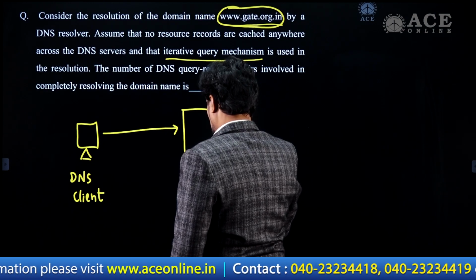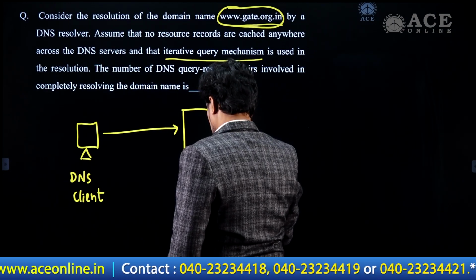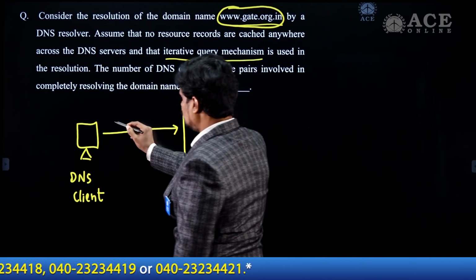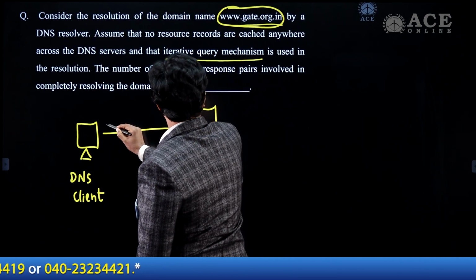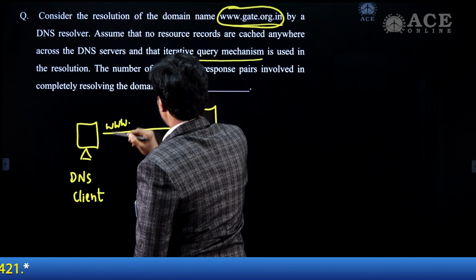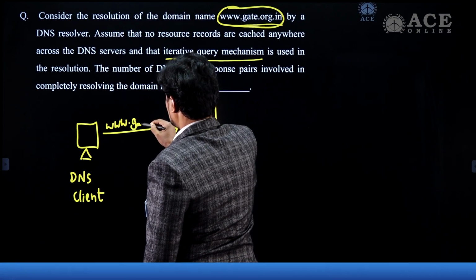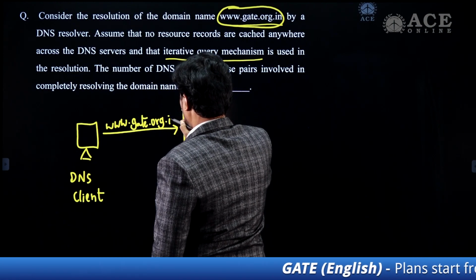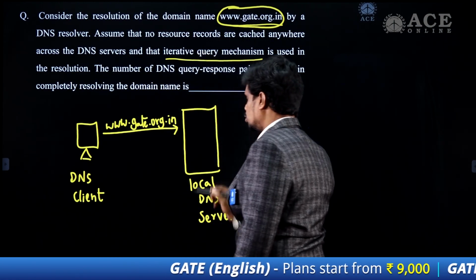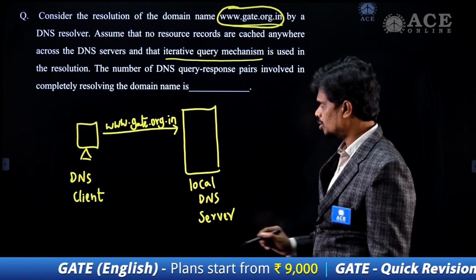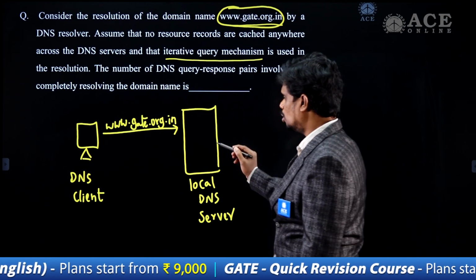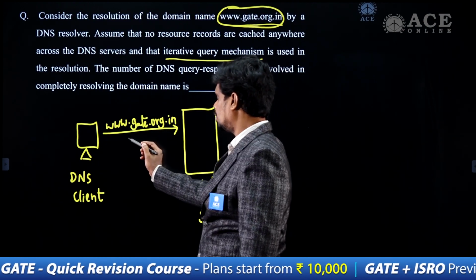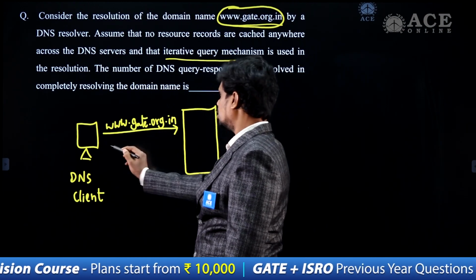After receiving this DNS query request, www.gate.org.in, which is the URL address sent to the local DNS server, if it has the IP address of this URL address, it gives the response.